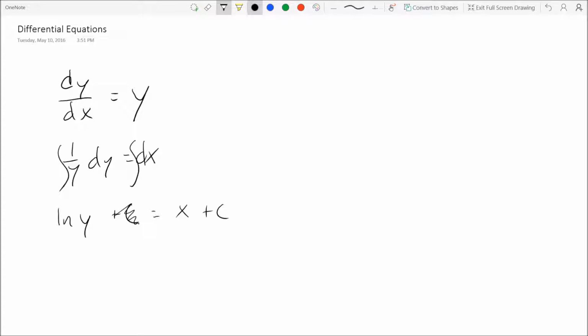And then we raise each side by e, so e to the ln of y to cancel out the ln here, and then we get this. This means that this differential equation has a class of solutions, and they're all of the form y equals c times e to the x. And so no matter what this c is going to be, it will satisfy this differential equation.